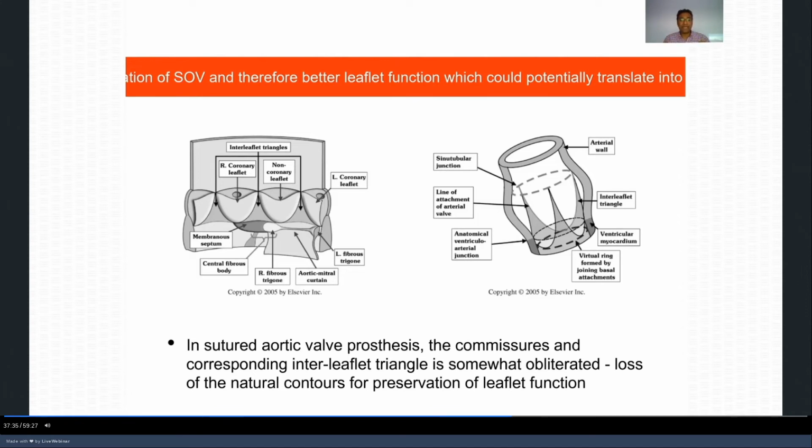And therefore, you're getting a smaller sinus of Valsalva compared to that of the Intuity. And I think this then translates to a much lower blood residence time, and therefore better leaflet function and possibly better durability. But only time will tell when we have data at 5, 10, and 15 years.